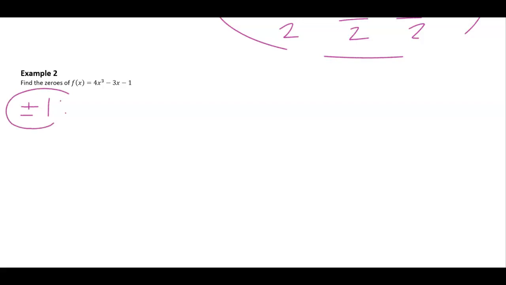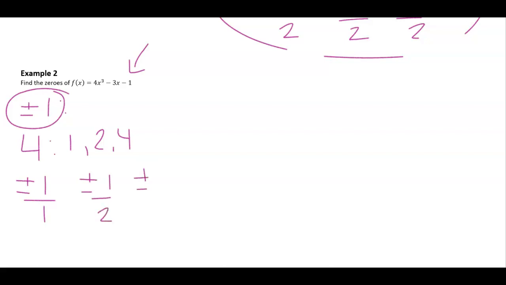And that's it, right? It's just plus or minus 1 down here. All right, let's look at 4. I might have 1, 2, or 4. So all my possible combinations are plus or minus 1 over 1, plus or minus 1 over 2, and plus or minus 1 over 4.